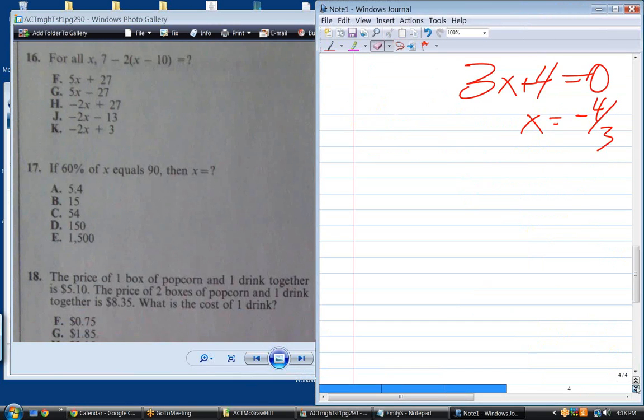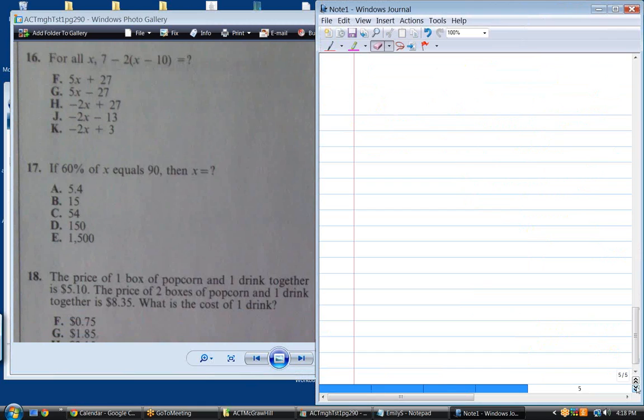All right, 16. Yeah, pretty straightforward. Simplify this equation. Well, it's not even an equation. They want to know what this would equal after you simplify that expression. So what's the first goal? Simplify. Remove the parentheses by distributing the minus 2.